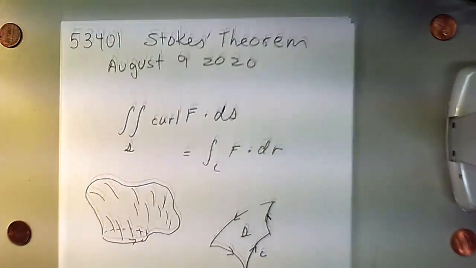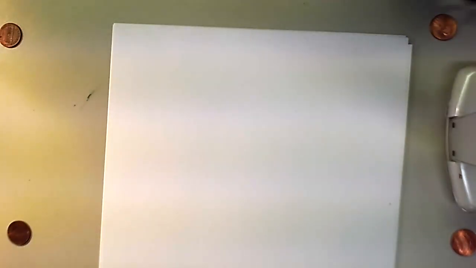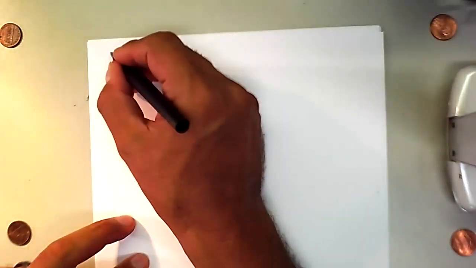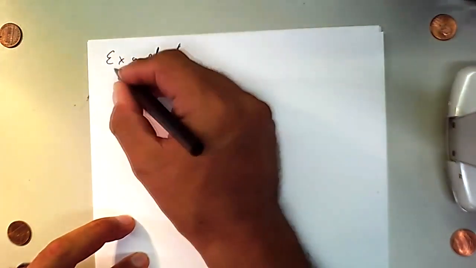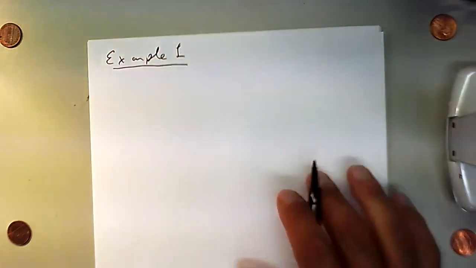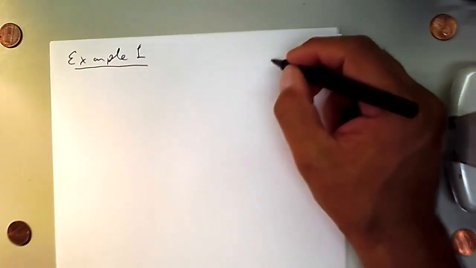We're going to do a couple of examples, at least one example, to see how this works. So here's our first example. It may be the only example, and we will just add more comments to it. Pretend you have a surface.